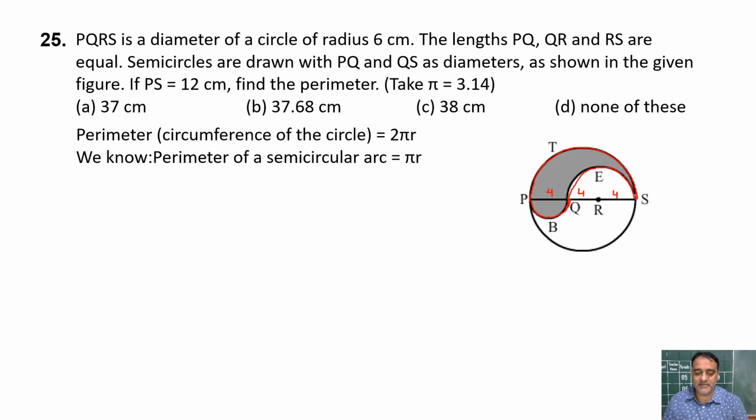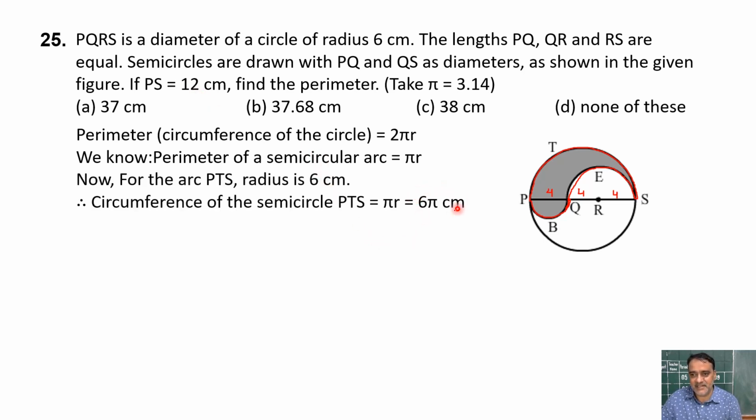Okay, so let us start with the first one. For the arc PTS, this outer one, the total is 12 centimeter, so its half, 6, is the radius, so 6 pi. This is clear? Yes, sir. Okay. Now we will move towards the next smaller one.